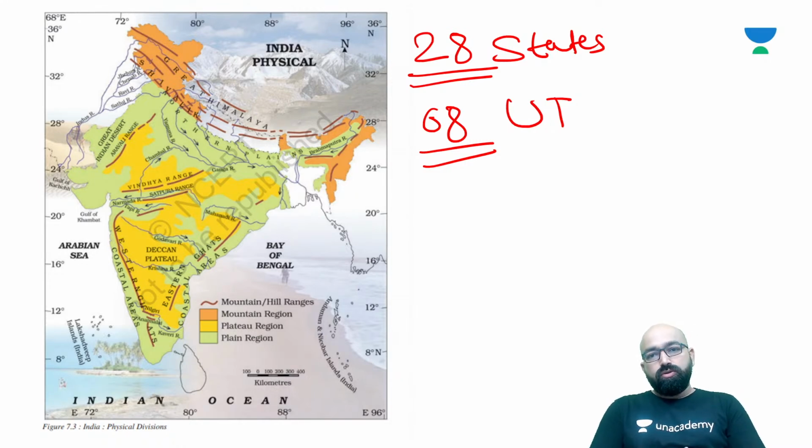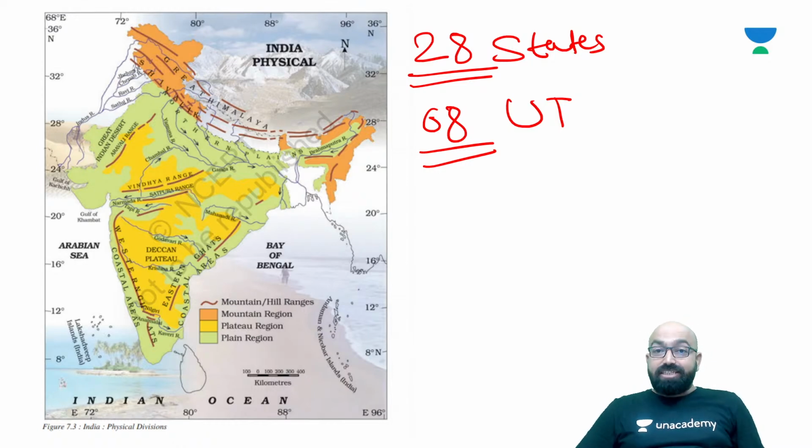Also, recently 2 union territories, Dadra and Nagar Haveli and Daman and Diu, were merged. So these 2 are now counted as a single union territory. So there are 28 states and 8 union territories presently in our country.